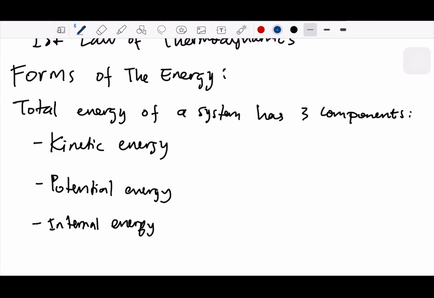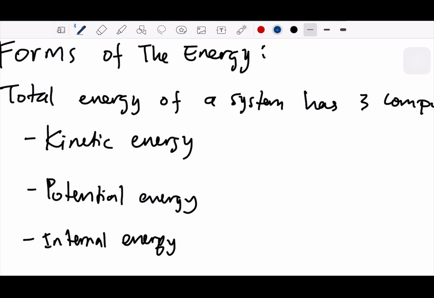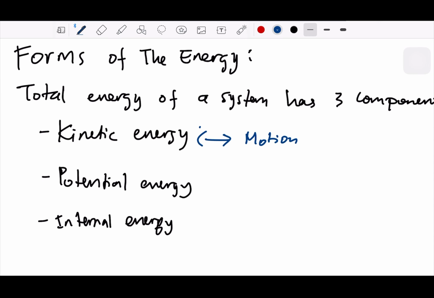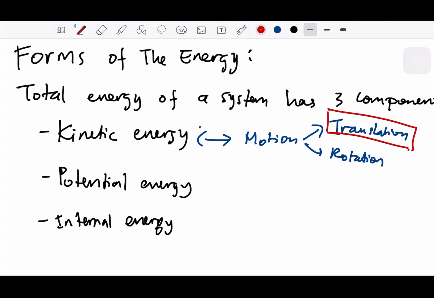If we are looking at the energy, maybe let me go through each one. Okay. So kinetic, the keyword is motion. It can be translation or rotation. And for simplification in our chapter or in our course, we are just focusing on translation. No rotations.